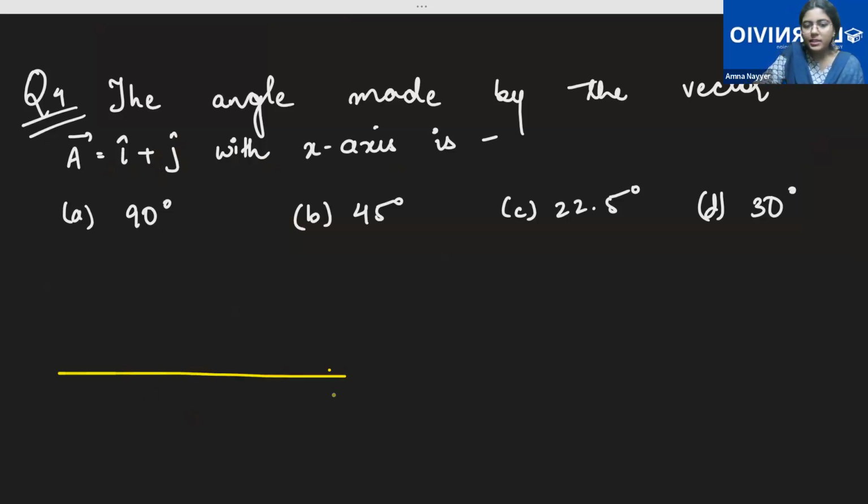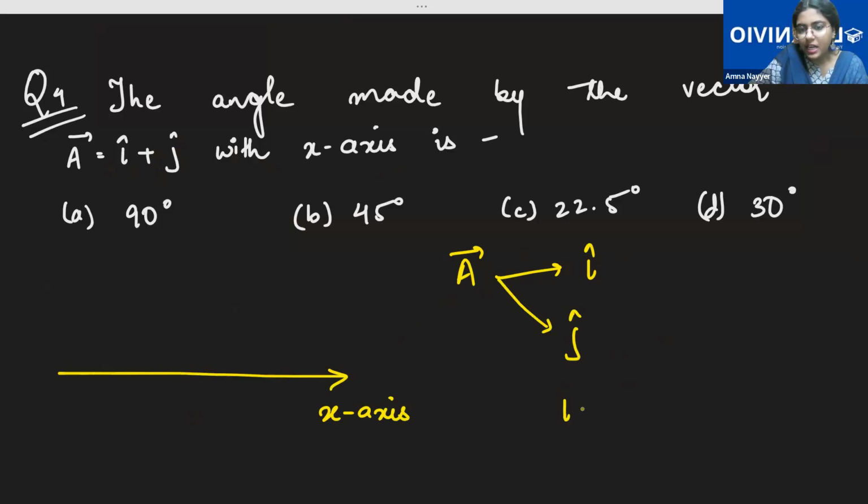You will have to consider the x-axis. Now the A vector, we'll have to break it into two parts. A vector has two components, I cap and j cap. When we are adding them, I cap plus j cap, we get the vector, right?